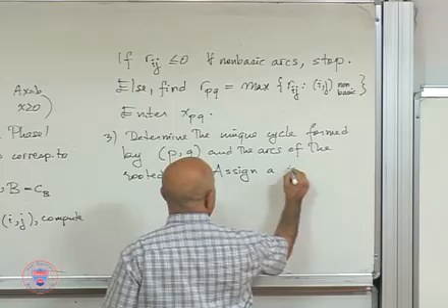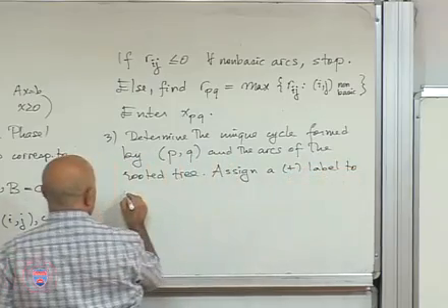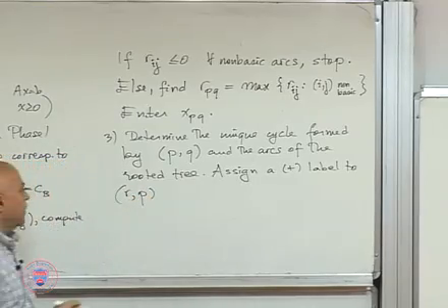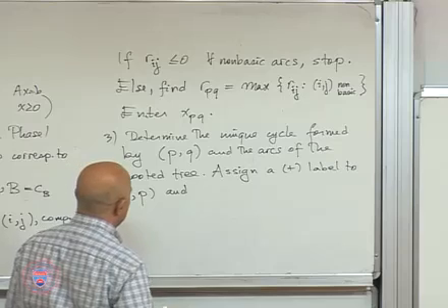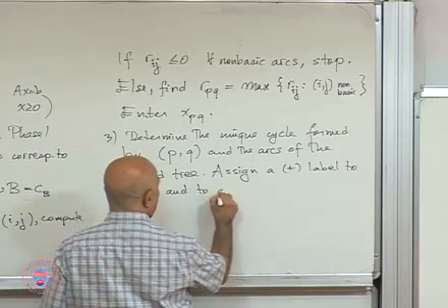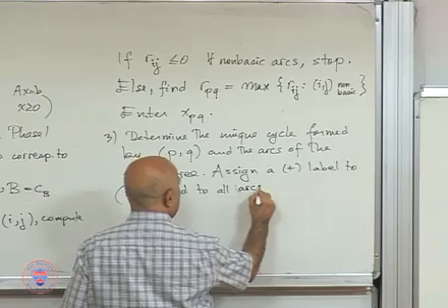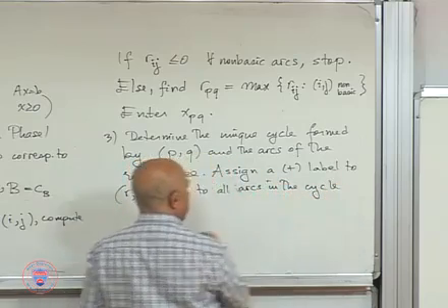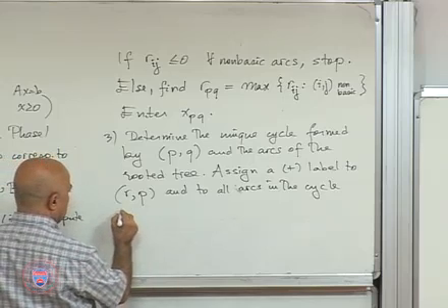Assign a plus label to PQ in this cycle and to all arcs in the cycle that have the same orientation as PQ.